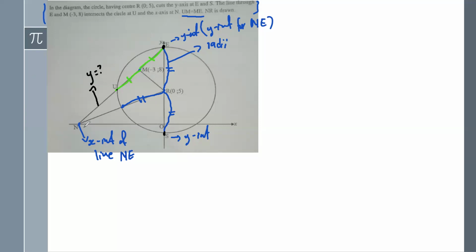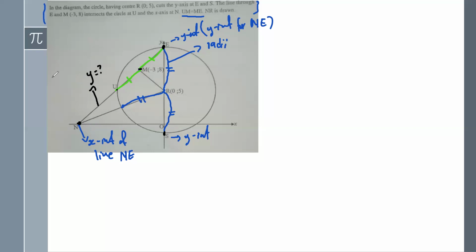That's another thing. We could maybe want to find out what the point N is, and I don't think there's much to do here. If we needed to find the point M, clearly it is the midpoint between U and E, all right? Look at S, we could be asked to find the coordinates of S. Again, these are just things that should pop into your mind by just reading this question.